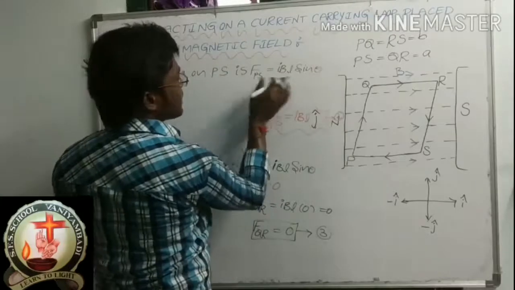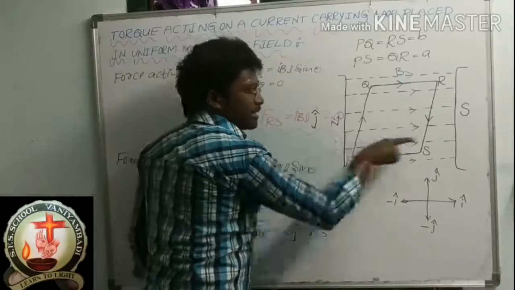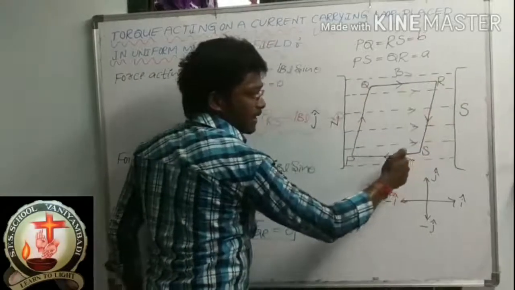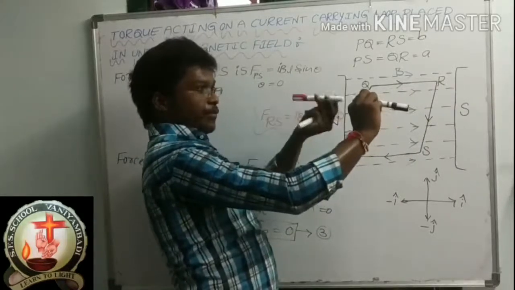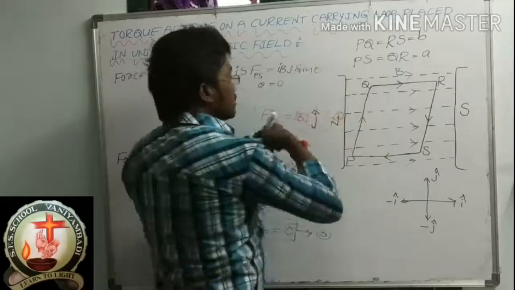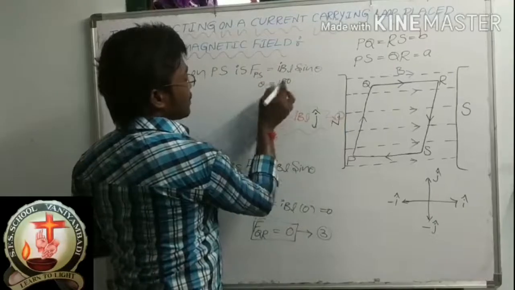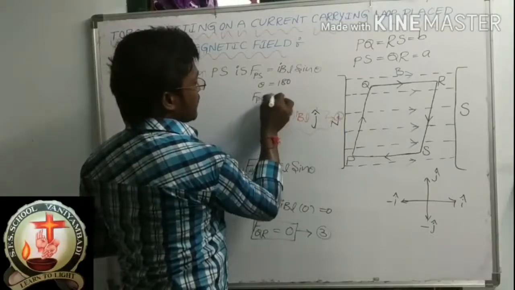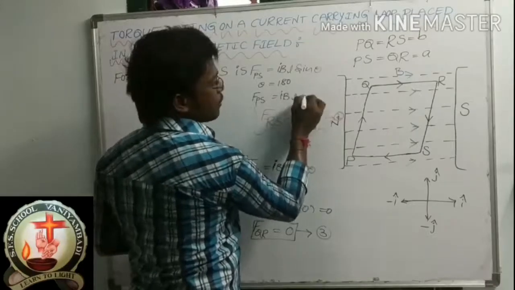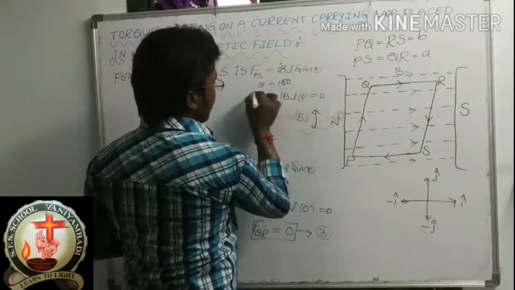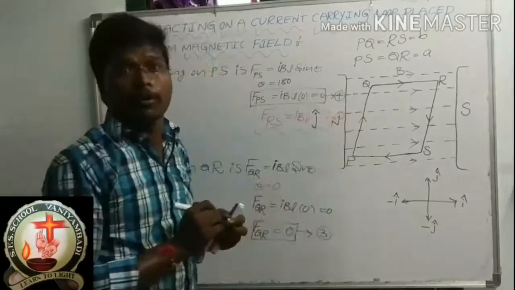Then theta is equal to what is the angle? Magnetic field direction is this direction. Current direction is this. So magnetic field direction is front, current direction is back. So what is the angle between both? 180. So theta value is 180. Then substitute this value: F PS is equal to I B L sin 180, value 0. So 0 into anything is 0. So finally F PS value is also 0. This is equation number 4.